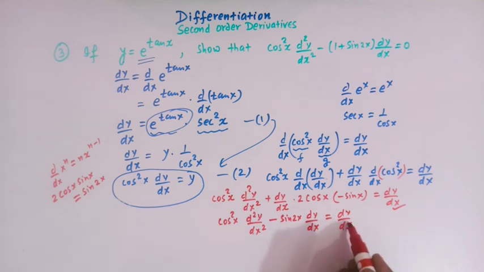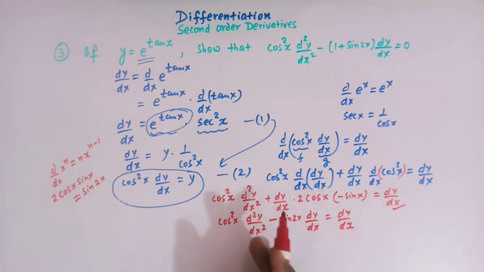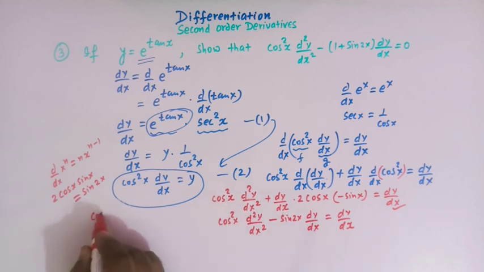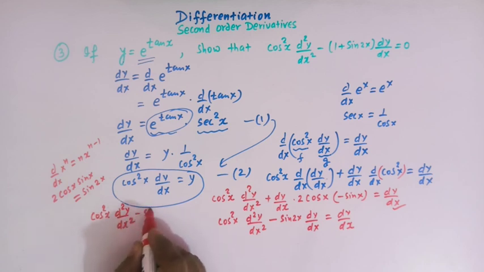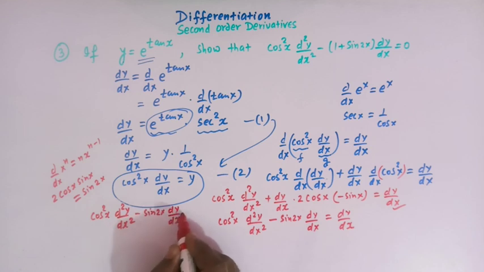Now we can take this dy/dx to the left hand side, so we can write cos²x d²y/dx² minus sin 2x dy/dx, and minus dy/dx is equal to 0, right?